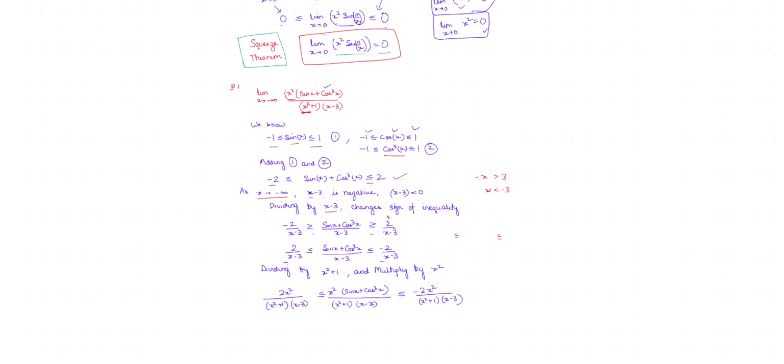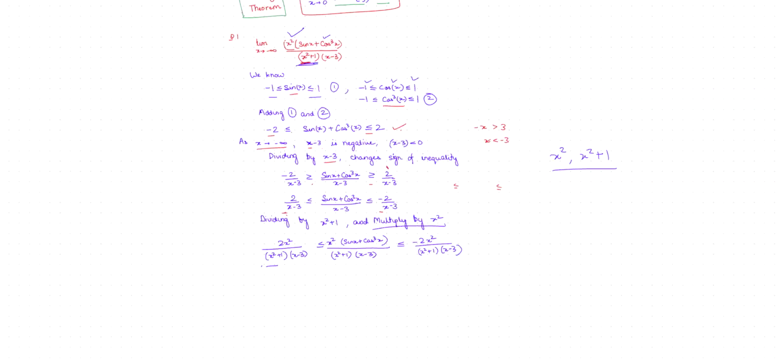So we multiply by x square because we need the x square in the numerator, and we divide by x square plus 1 on the denominator. Because x square and x square plus 1 are both positive, it will not change the signs. Now we'll try to take the limit for this function and this function, and we'll use the squeeze theorem.